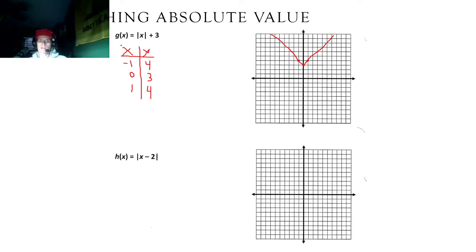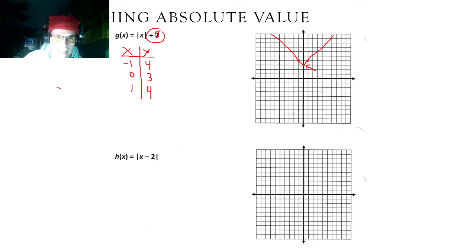All right. So you can use the t-chart, but one thing to notice here, let's go back to slope-intercept form, y equals mx plus b. What's 3? 3 is my y-intercept. And look where my vertex ends up on the graph. It ends up at 3. So one thing you can point out in regards to graphing these is if you have a number sitting outside of the absolute value symbol, that is most likely going to be your y-intercept, okay?